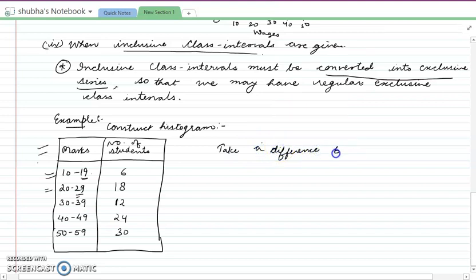Difference between the lower class limit and the upper class limit.